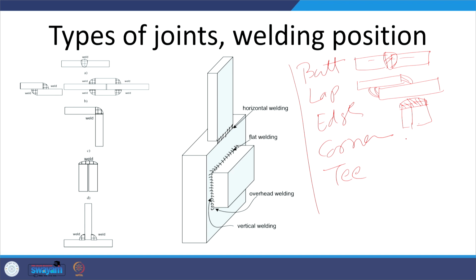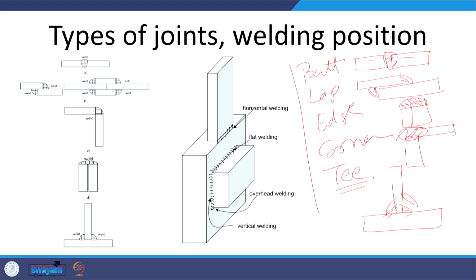When the components are placed in such a way that the joint is developed at the corner, it is called a corner joint. And the T joint means one component is placed in horizontal position, another perpendicular to that, and a fillet joint or groove joint is used for making this kind of joint, then it is called a T joint.